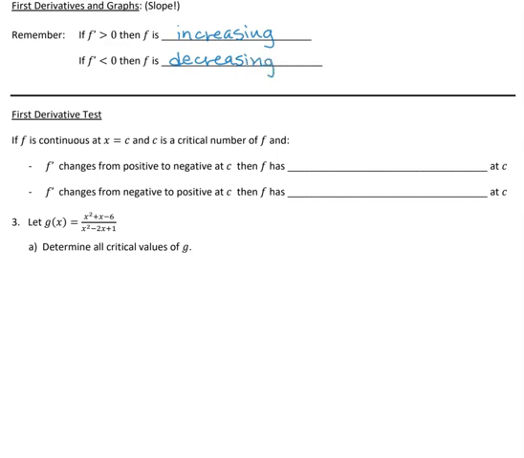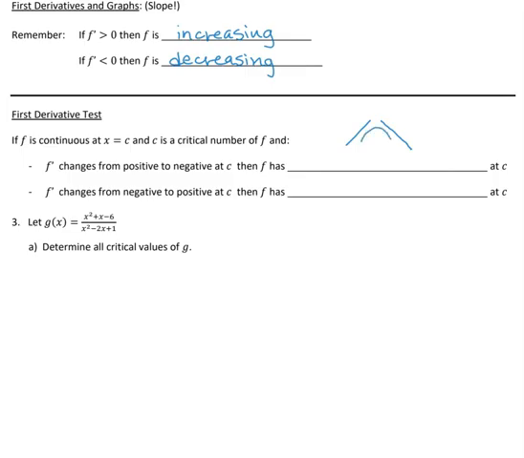And based on that, we can set up our first derivative test for finding local maximums and minimums. So if we are looking at our function and we're at a critical value or critical number, and our derivative changes sign from positive to negative. So positive first derivative is increasing, switches to negative, we're always going left to right, negative first derivative is decreasing.